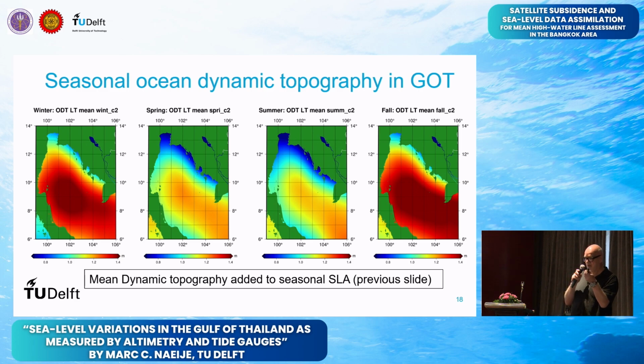And then I added back the mean dynamic topography. So now we get ocean dynamic topography, seasonal. I'll call it the climate model for our seasonal ocean dynamic topography. Nice. Now you could actually deduce currents from this. Basically, if you know a little bit about geostrophy, we go from highs to lows.